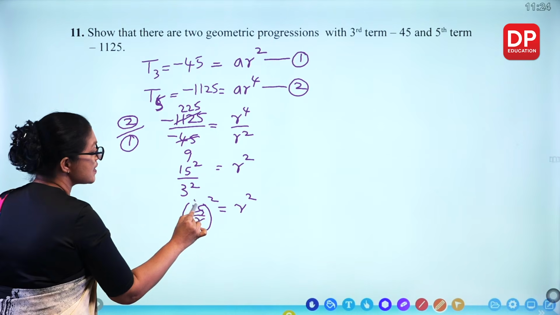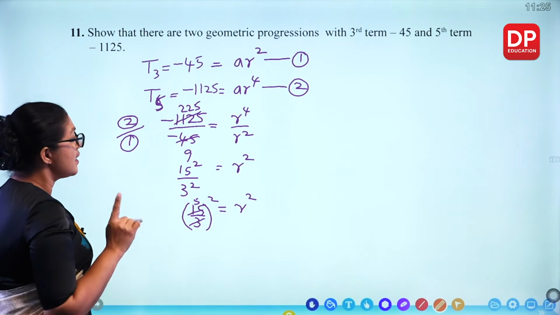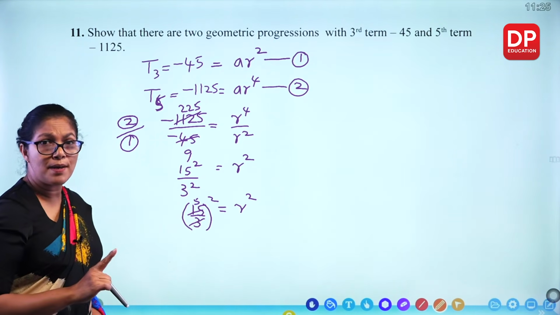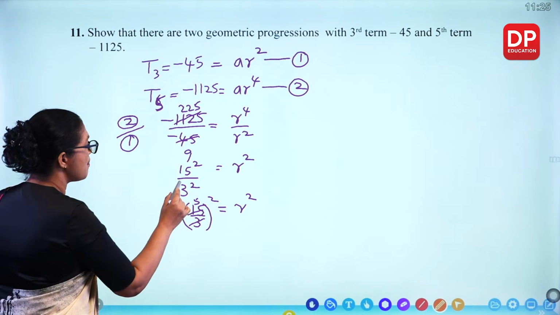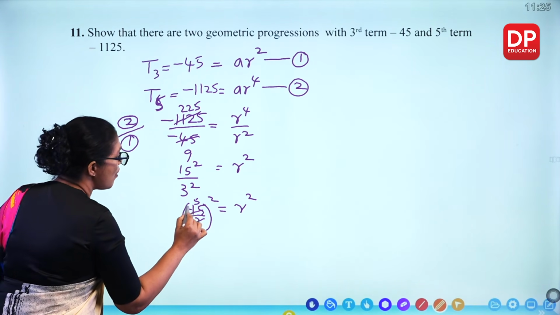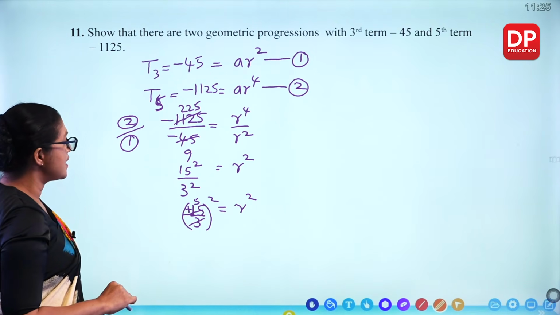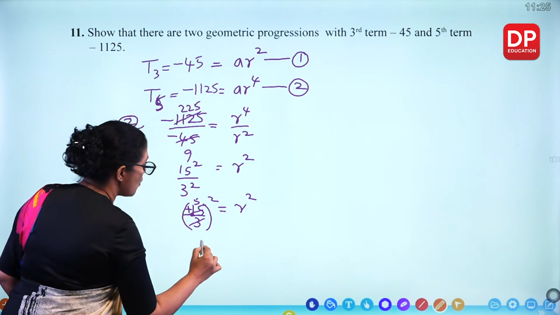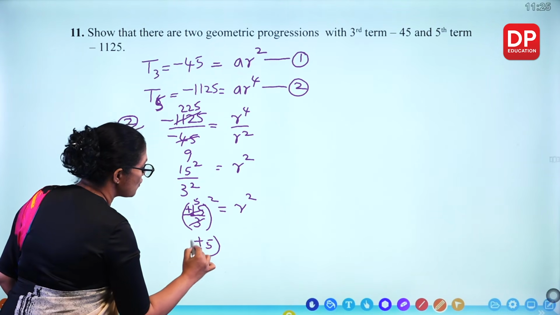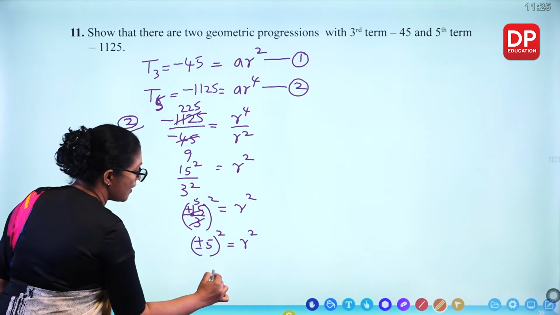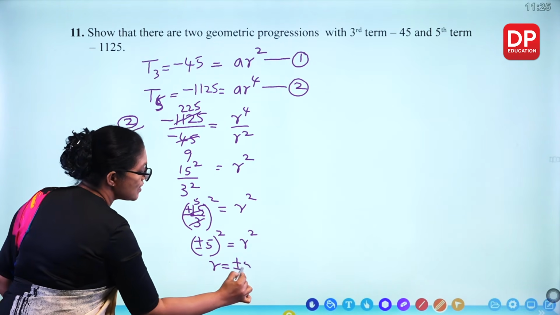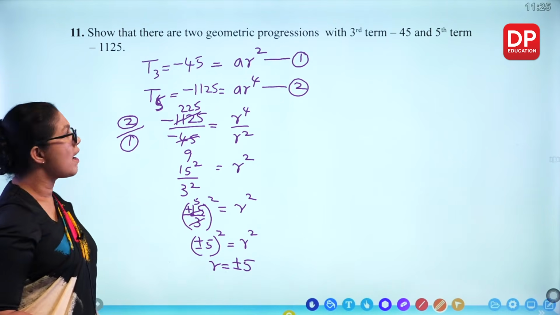So that means 5 squared. Now this is even power. In even powers, you have to think about taking positive and negative numbers. So plus or minus 5 squared is r squared. You can write r as positive or negative 5.